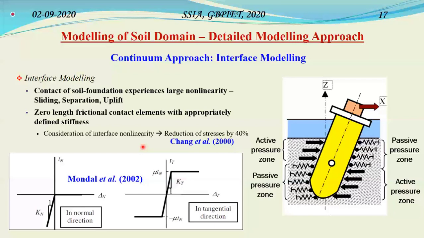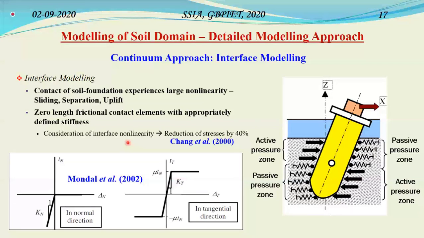Chang et al. 2000 tried to look into what difference it creates by considering interface nonlinearity in soil structure interaction problem. In their research, they found that the stresses were reduced by around 40% when interface nonlinearity was considered.